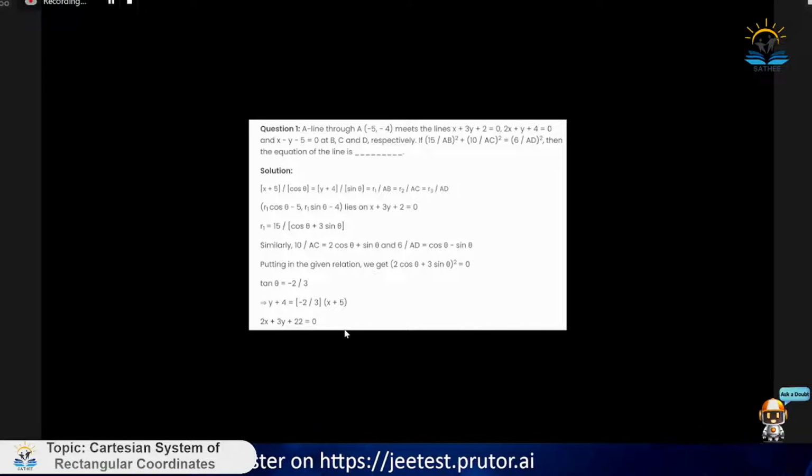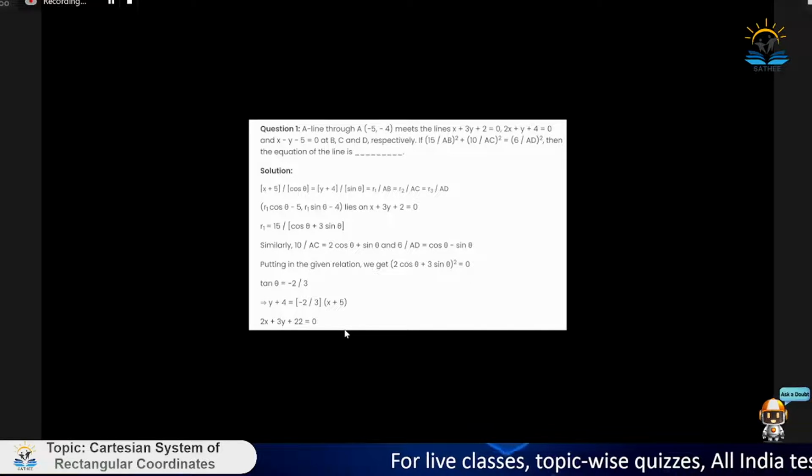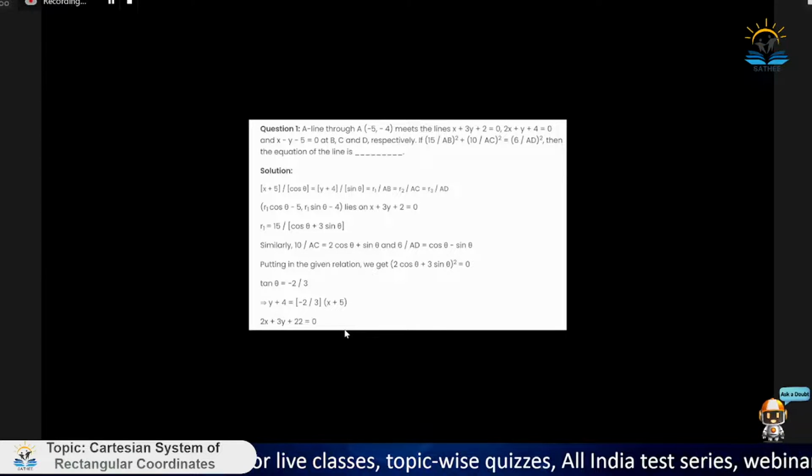So r1 you can find, or else you just know the point and the angle made by the line. So you know that tan theta equal to minus 2 by 3, which is nothing but the slope, and y plus 4 is equal to m into x plus 5, from which you can find the equation.